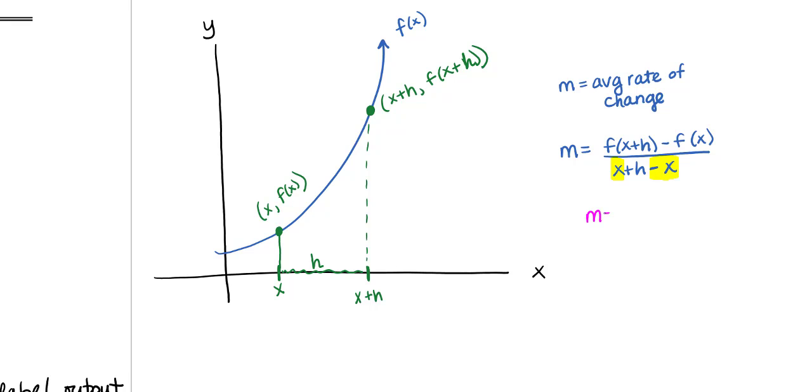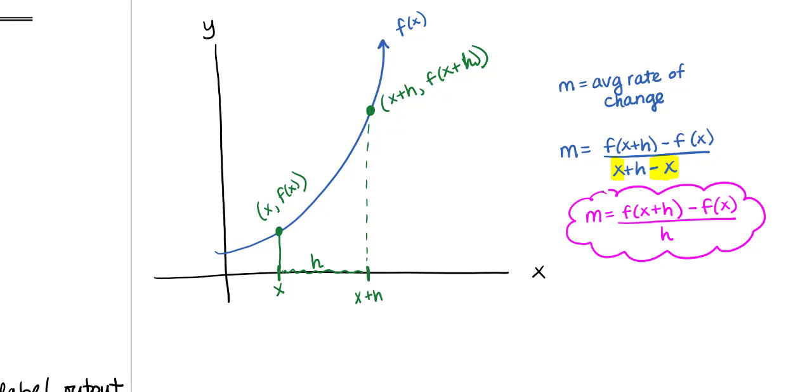So in completion, I have something that I hope looks familiar to all of you. f of x plus h minus f of x all over h. And again, this should look familiar to you. This was called the difference quotient from your previous course. And you probably studied some of its algebraic properties, which we'll do again later in the chapter.